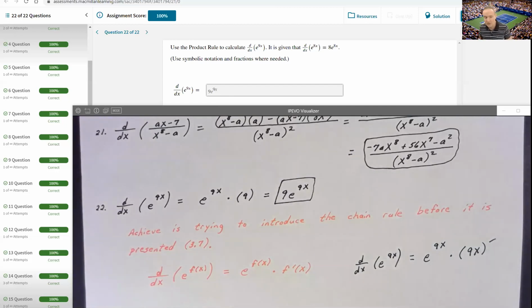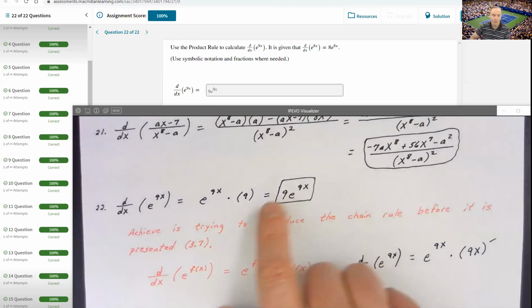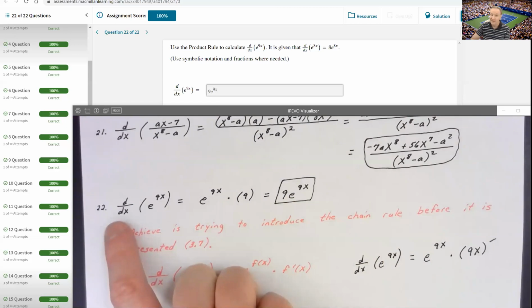This is just showing you that it's not always so simple if your exponent has further derivatives within it. But now, I wouldn't worry about that until the gorgeous section that is 3.7. I just wanted to explain it so you could get this one problem in this assignment that they probably should not have included in this assignment.